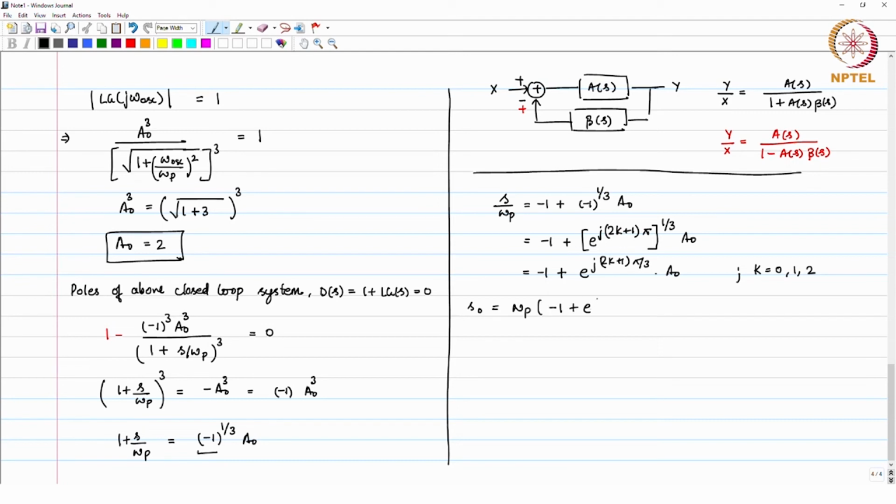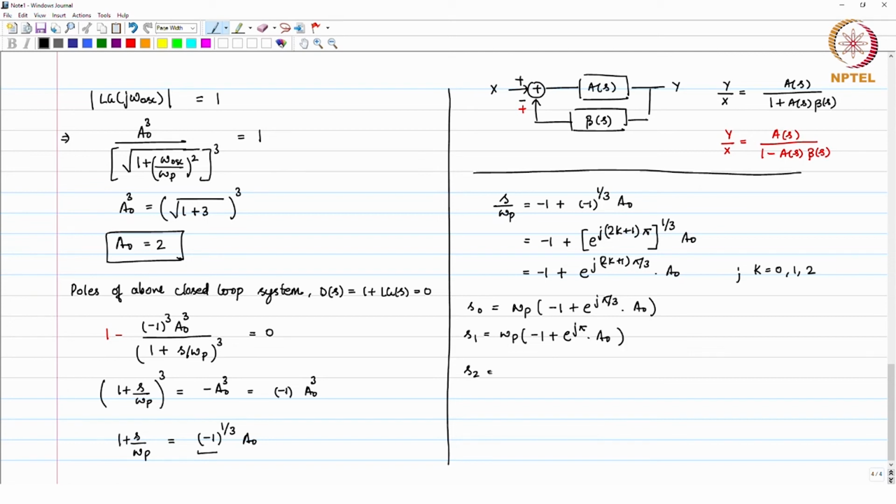This is e^(jπ/3) times A0, right. S1 is equal to ωp into minus 1. I substitute k equal to 1, k equal to 2 plus 1, 3. So, 3π/3, which is e^(jπ) times A0.